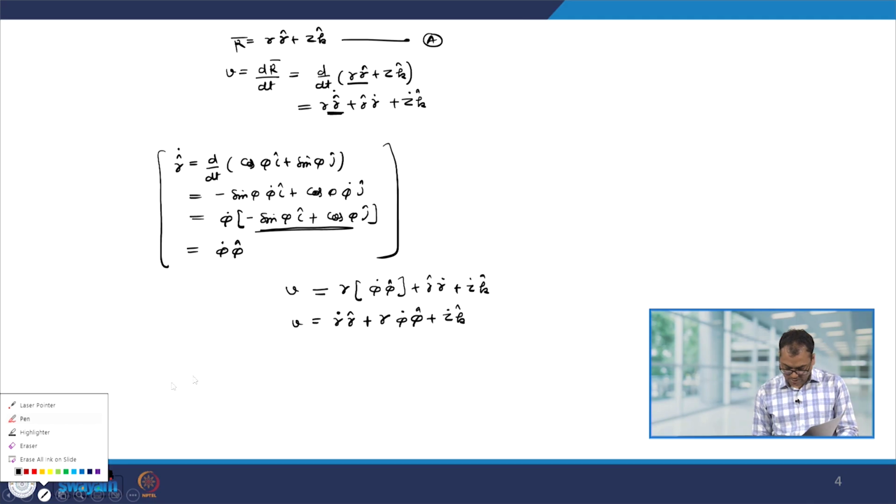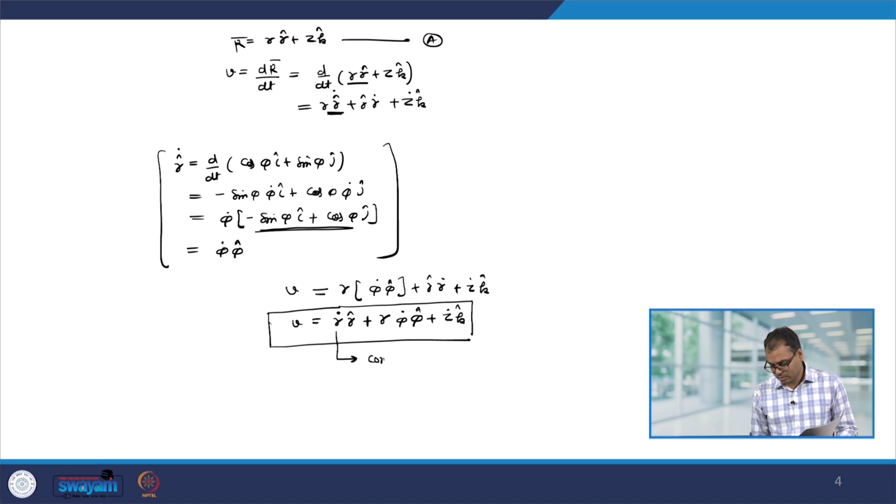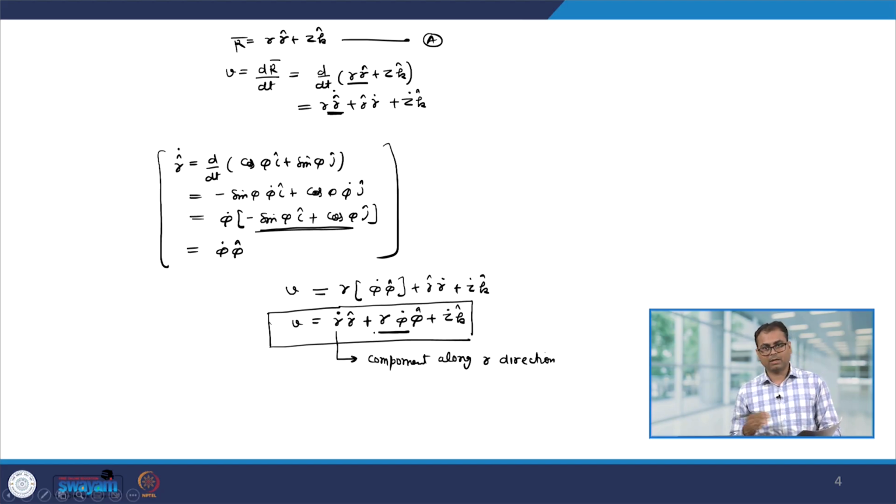This is the expression for the velocity in cylindrical coordinate system. So, r dot is the component along r direction, and similarly r phi dot is the velocity component along phi cap direction, and z dot is of course the velocity along the k direction.